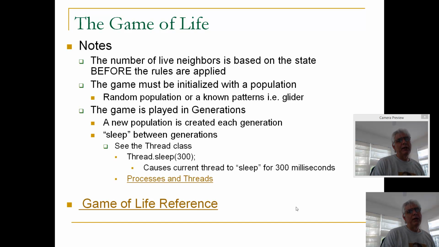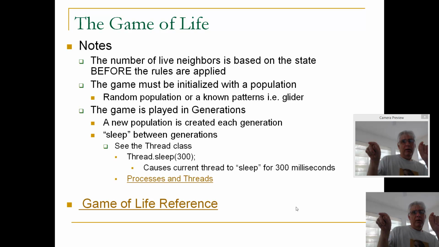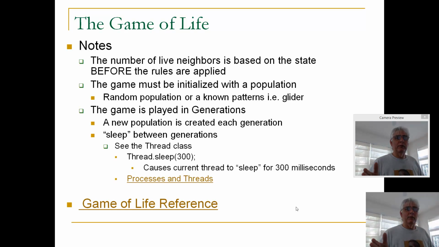So what you need to do in this case is record that information in another 2D array, and you can call it next generation. That's what I always call it. You're working through it, and you're setting the state of each cell in another 2D array.